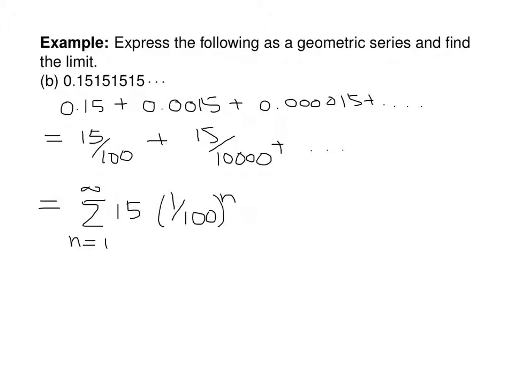So 100 to the first is 1 over 100. 100 squared would be 1 followed by 4 zeros.